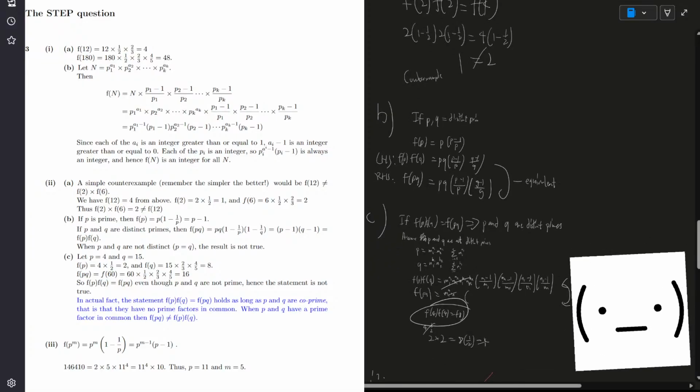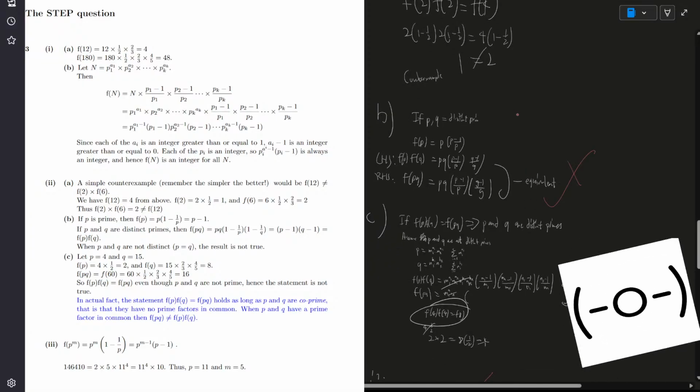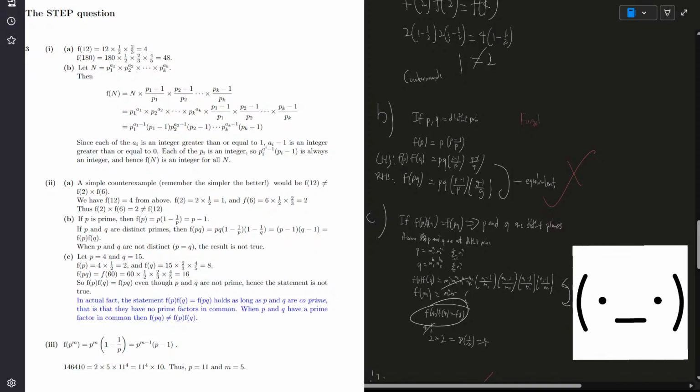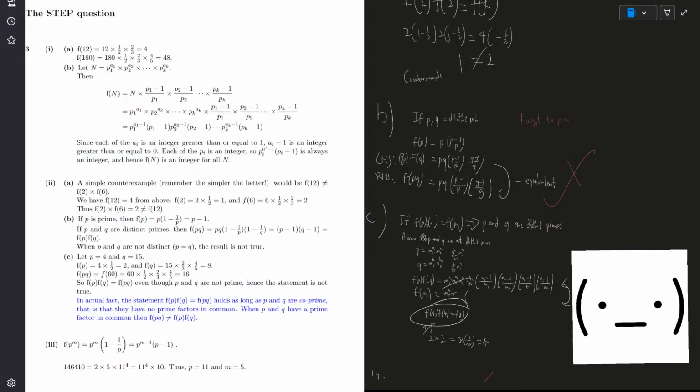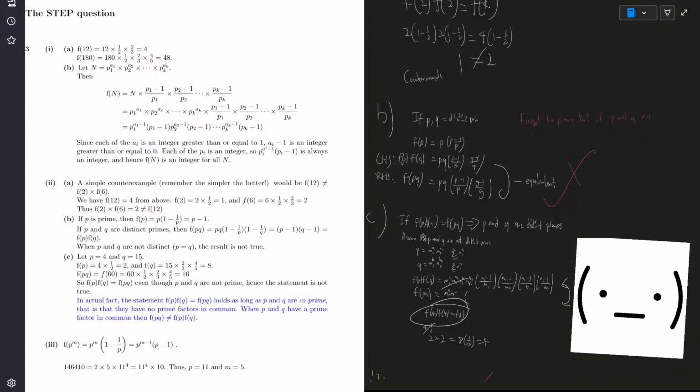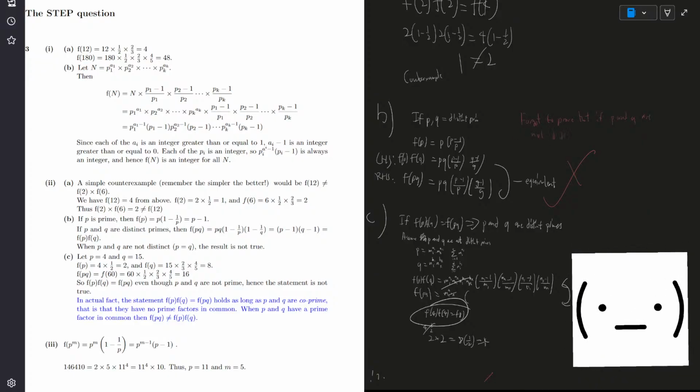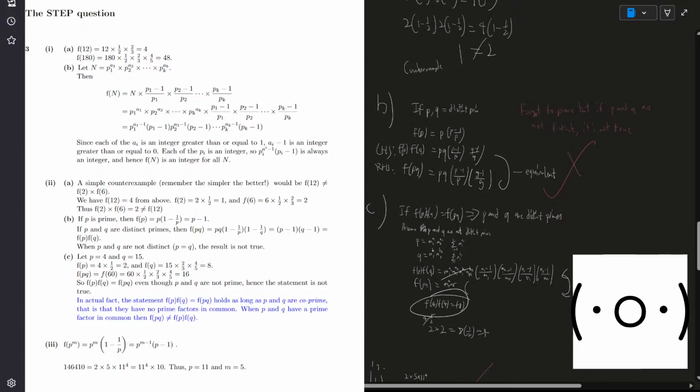Oh, okay. So this I kind of got right. I forgot to prove that Q and P are not distinct. It's not true. So I guess I'll take a little bit of a mark off for that.